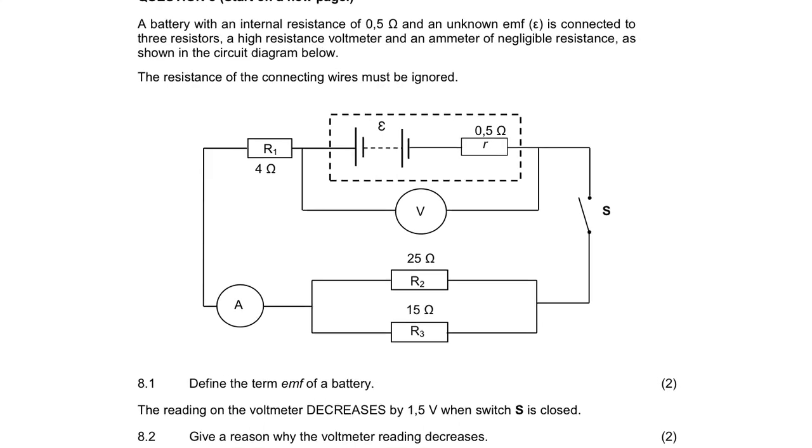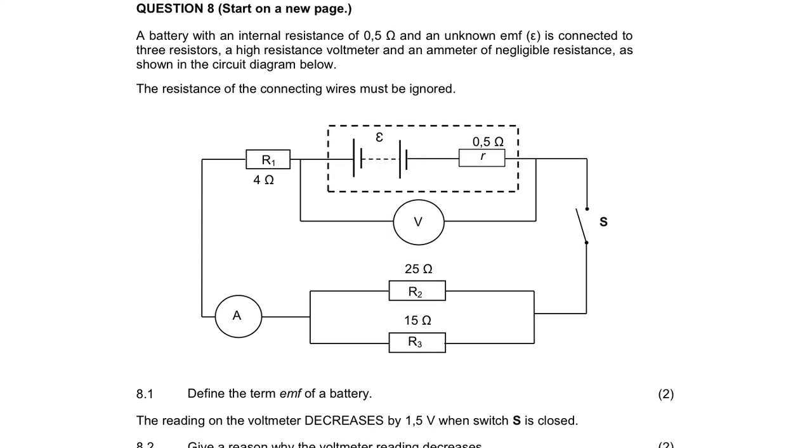Welcome to the second video lesson on circuit analysis, where we look at how to solve NSC style questions at matric level for circuit electricity. In the first video lesson, we covered the basic definitions that you could be asked, like for instance on EMF, which is asked in this question, and power.